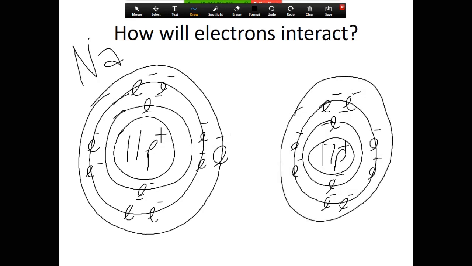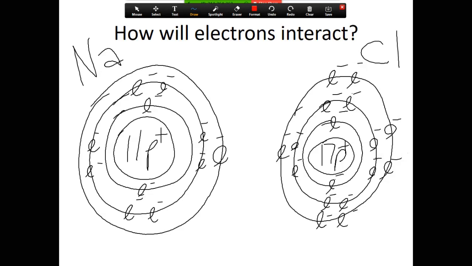Third shell. Okay, so I have 2 plus 8 plus 7. That gets me 17. Okay, this is atomic number 17. This is chlorine.